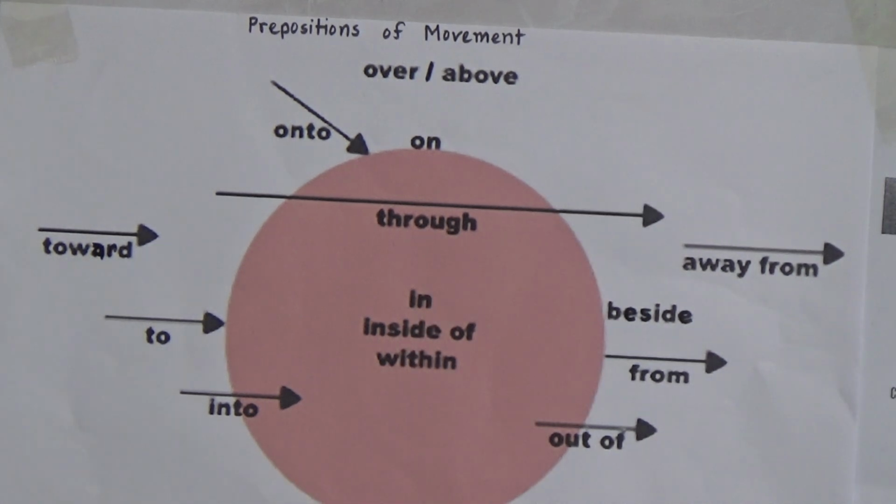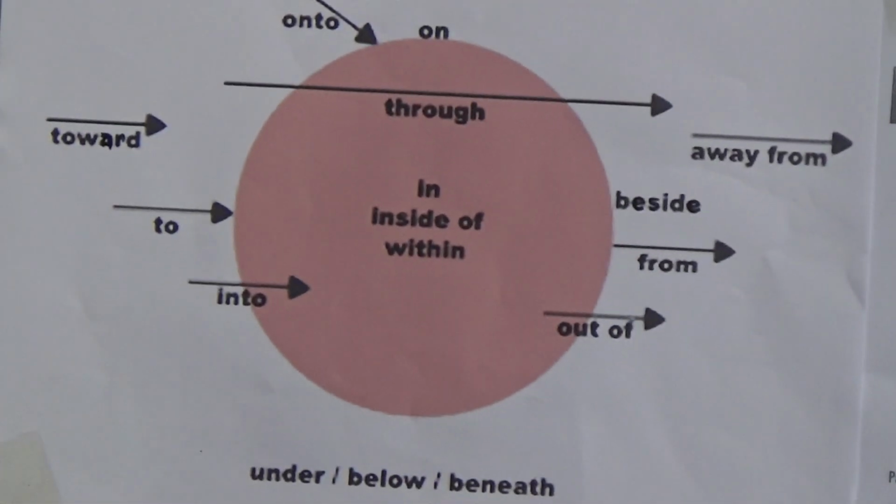So dear students, now I am going to show you the board book, English Grammar and Composition, page number 23. You can also go through the position of these prepositions.